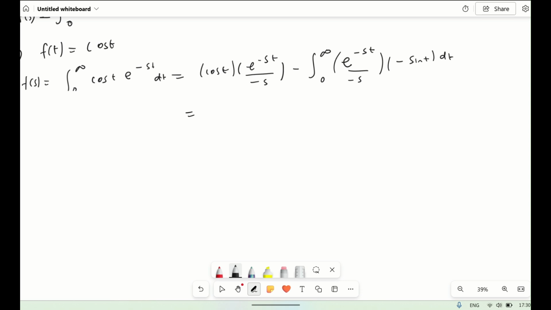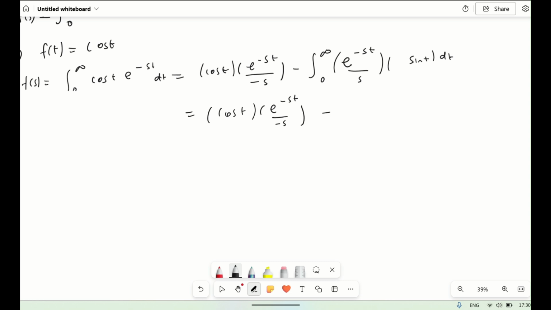So this one is cos t e to the negative st over negative s, minus, no, this negative, they cancel. Let me just rub them, and now I'll be left with negative.